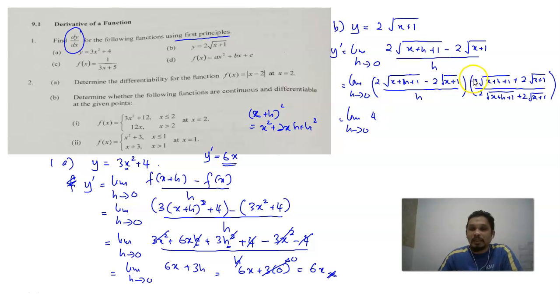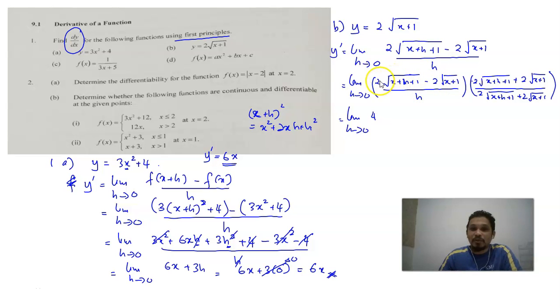Okay, class, the existence of the conjugate here is because if we substitute h here, then we get 2 square root of x plus 1 minus 2 square root of x plus 1 equal to 0, and h is 0. 0 over 0 is undefined, meaningless, so we avoid that.